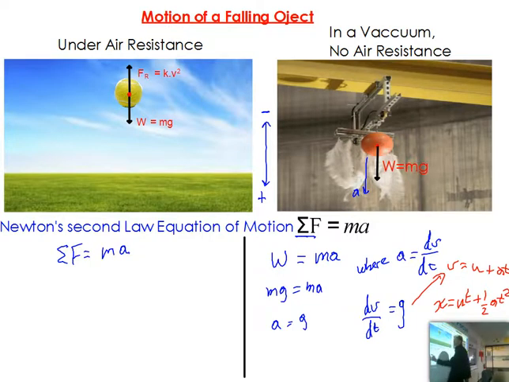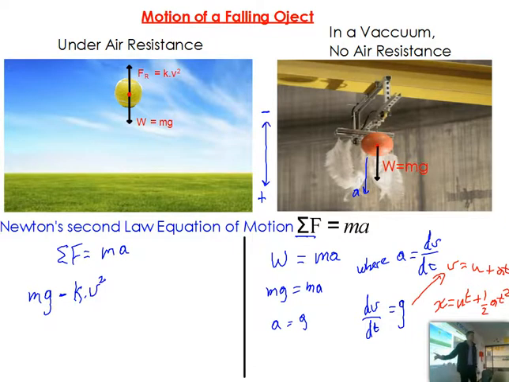So we get mass times gravity, the weight force, going in the positive direction, so it's a positive term. But now we subtract the force that's vertically upwards, the force due to air resistance, and this is kv squared.